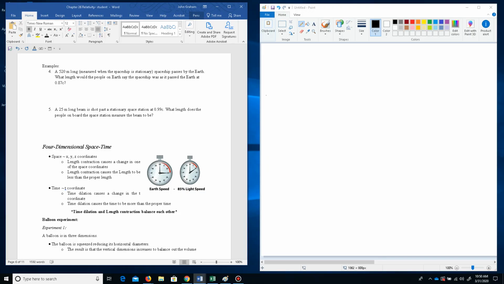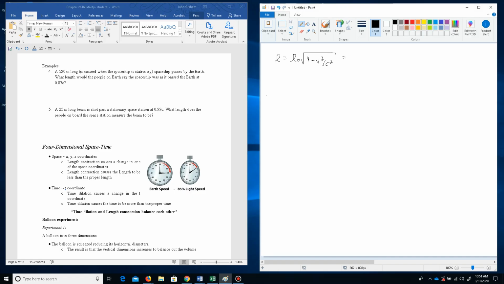First, a 520 meter long spaceship passes by Earth at 0.87 c, the speed of light. We want to know what length the people on Earth say the spaceship is as it passes. So length is equal to the proper length times the square root of 1 minus v squared over c squared.